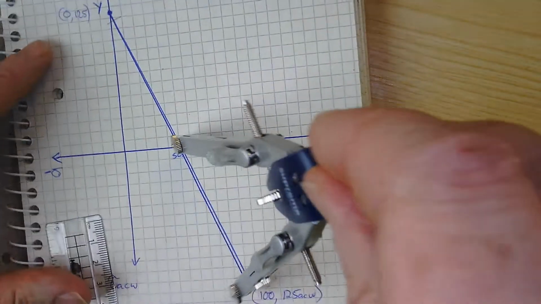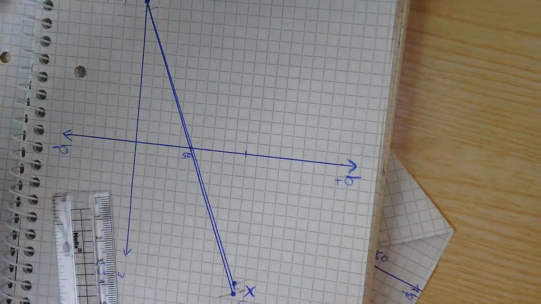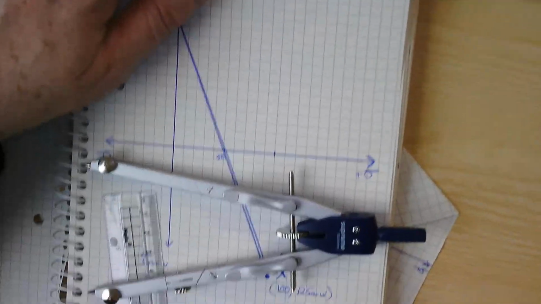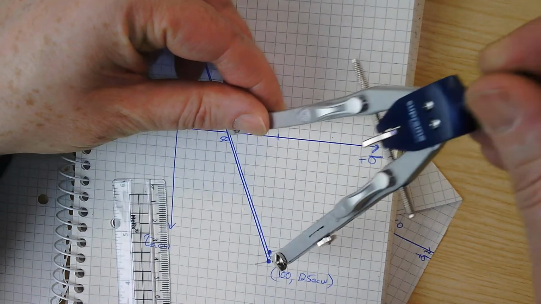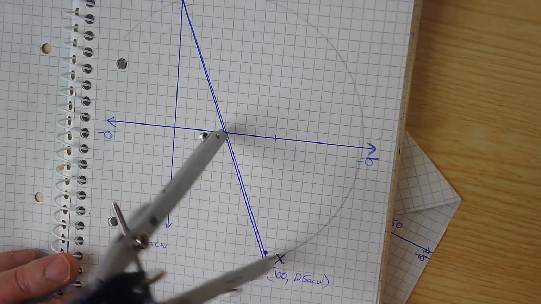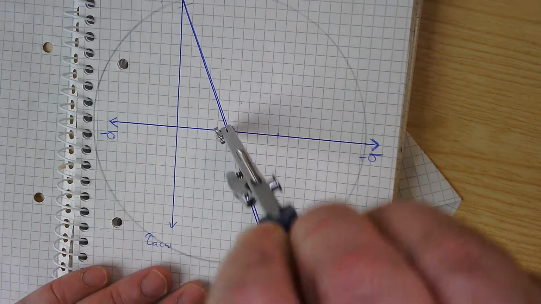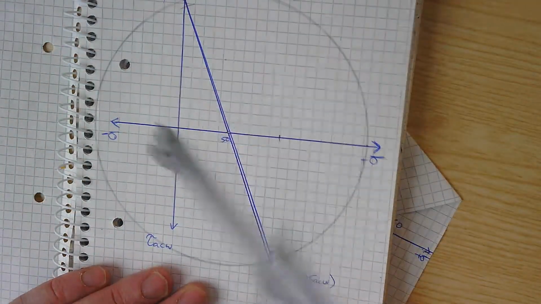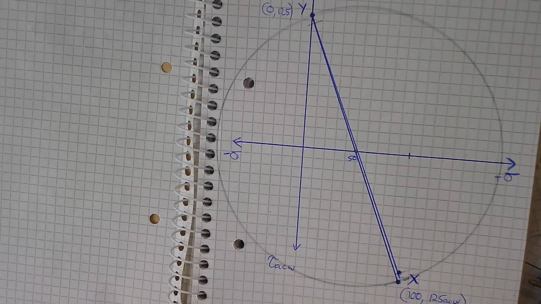Okay, so that's my radius there. And yeah, that looks a lot better. Probably could have left a little bit more room for myself, but there we go. That's Mohr circle done out.